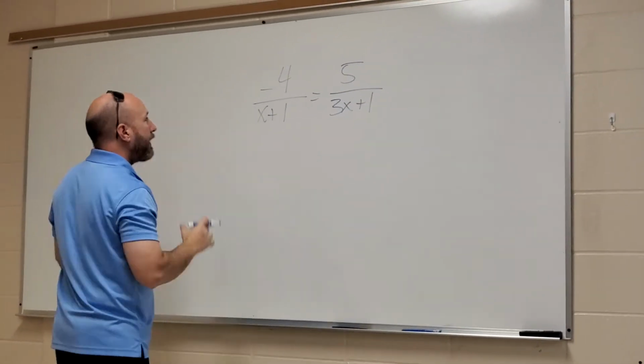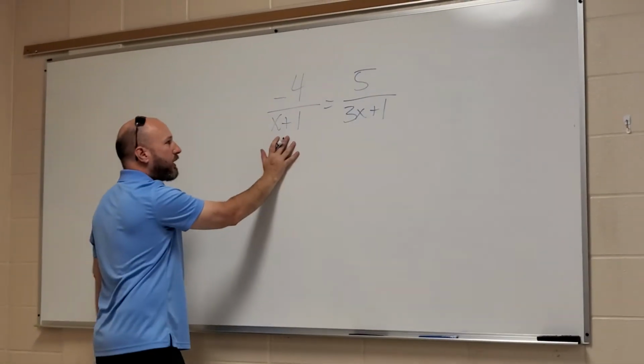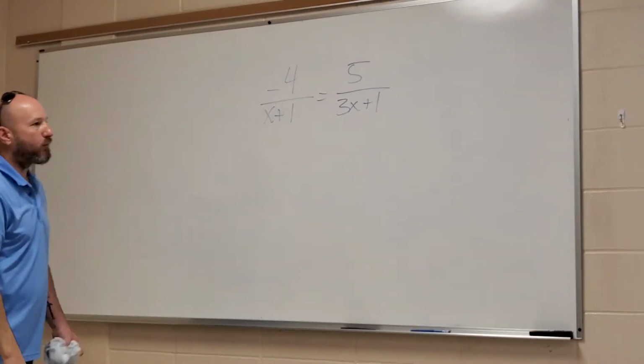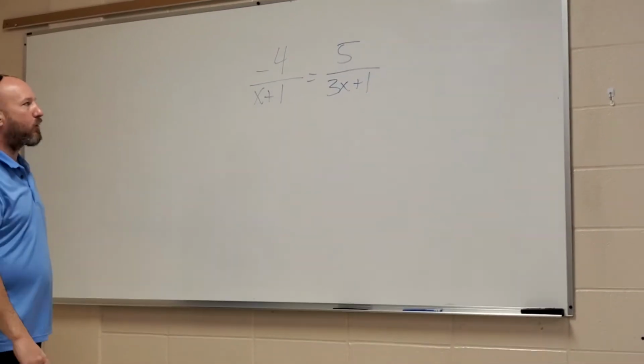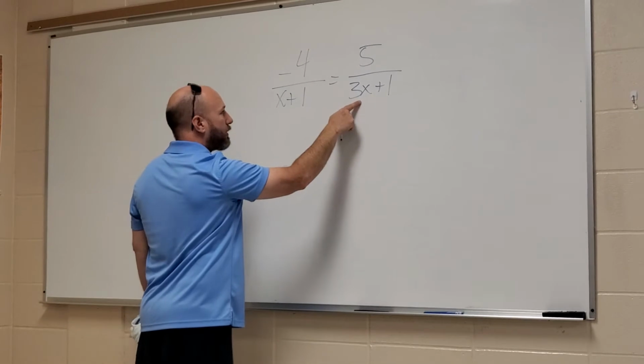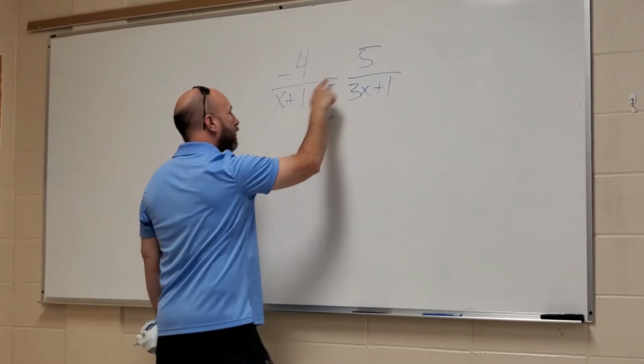Okay, so anytime you have a fraction equal to another fraction, that's called a ratio. And if it's a ratio, we can do what you kids like to call cross multiply. So then we could say this one times this one equals this one times this one.